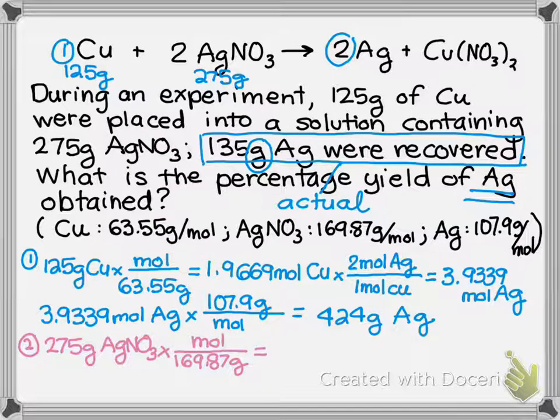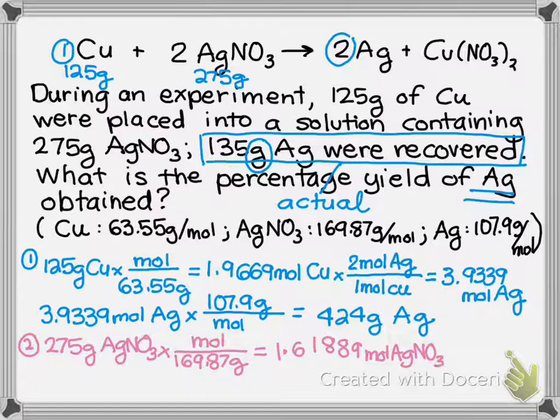So 275 divided by 169.87. I get 1.6188, it's going to be a 9, moles of silver nitrate.